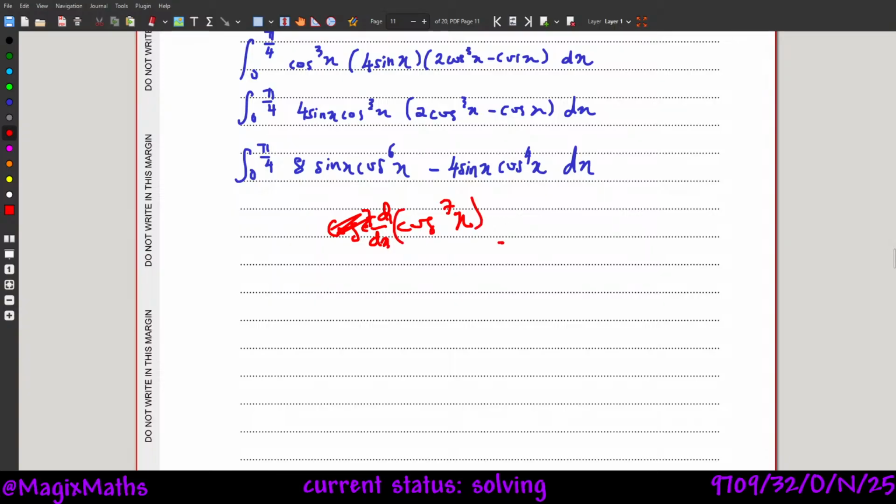Then we'll have a 7 cos 6x, and then a negative sine x. So we'll have a negative 7 sine x cos 6x. But this is an 8, which means we're going to have to add that later.